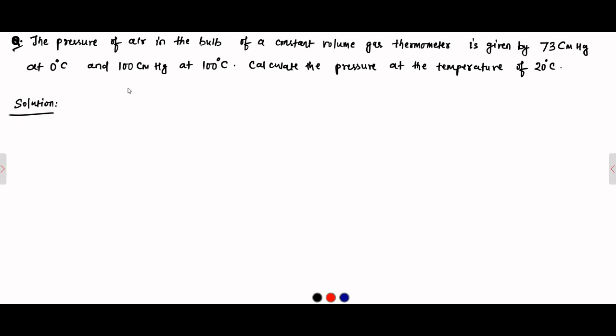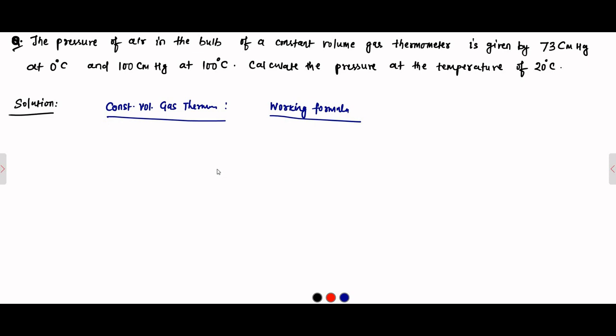So again, this is based on a constant volume gas thermometer. Here is an important working formula for these kinds of situations.